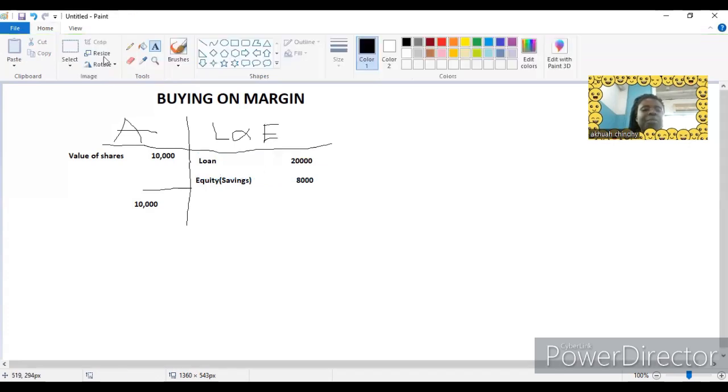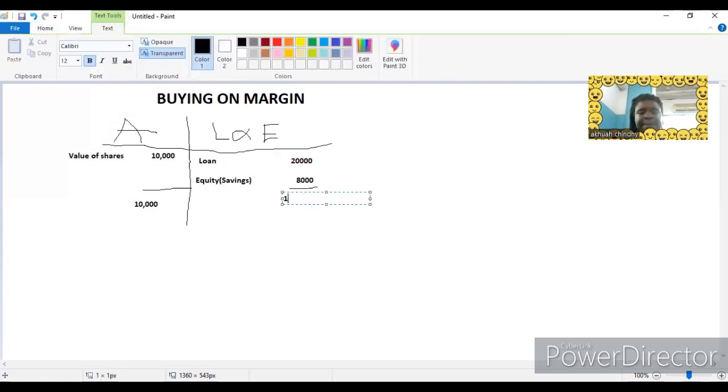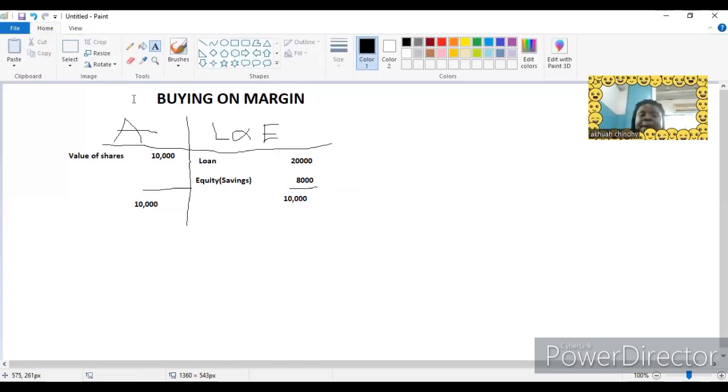So now both sides have balance. Yes, so this is our initial balance sheet, where assets is equal to liabilities and equity. So the value of the shares becomes the assets of the investor because that is what he owns now.